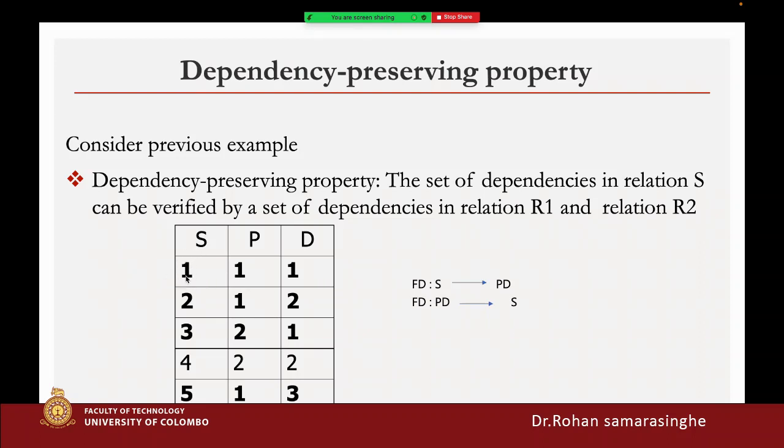From this key you can get P and D, and also from PD, consider that is a composite key, you can get S. From the S key, if it is the primary key, you can retrieve the P and D values, the functional dependencies, as well as from these two you can get the S.